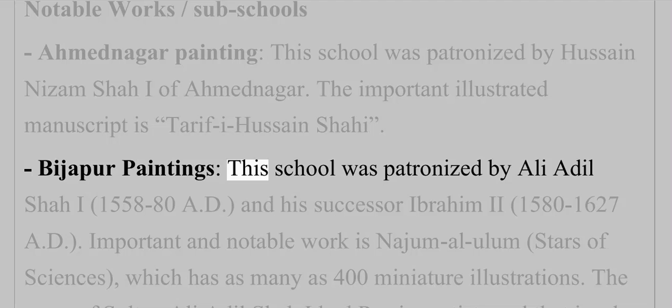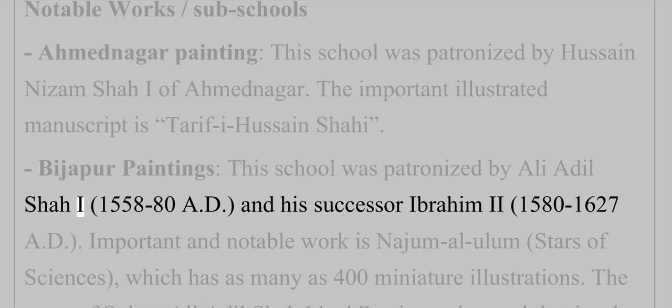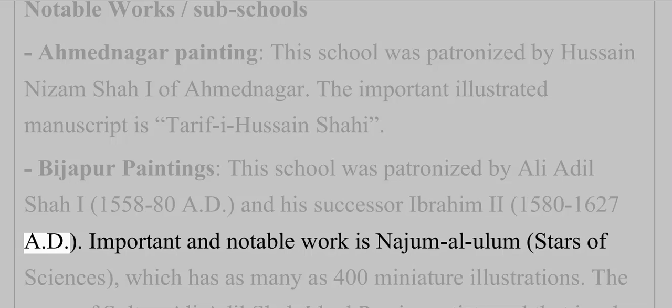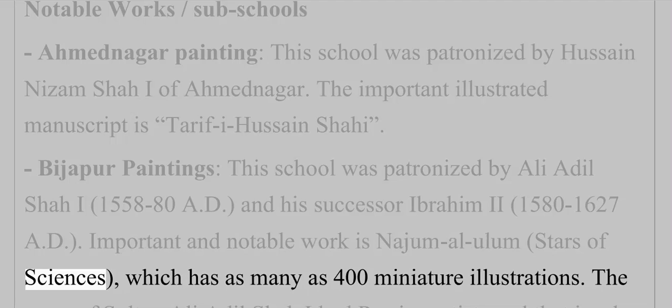Bijapur paintings. This school was patronized by Ali Adil Shah, 1558 to 1580 AD, and his successor Ibrahim II, 1580 to 1627 AD. Important and notable work is Najmul Ulum, Stars of Sciences, which has as many as 400 miniature illustrations.